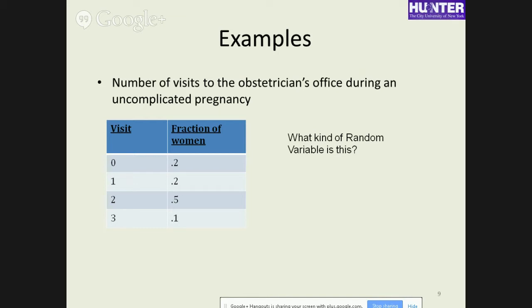So that's using a random variable, which is the number of visits, to estimate and give a range on something practical. This, of course, is a quantitative variable, and it is discrete because it only takes integer values.